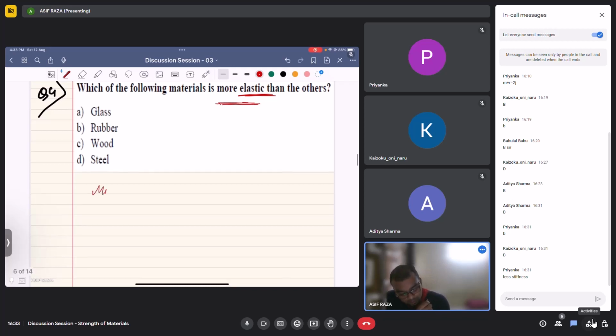The modulus of elasticity is given by the ratio of, roughly I am saying, stress upon strain, or longitudinal stress upon longitudinal strain. Okay, just write it.